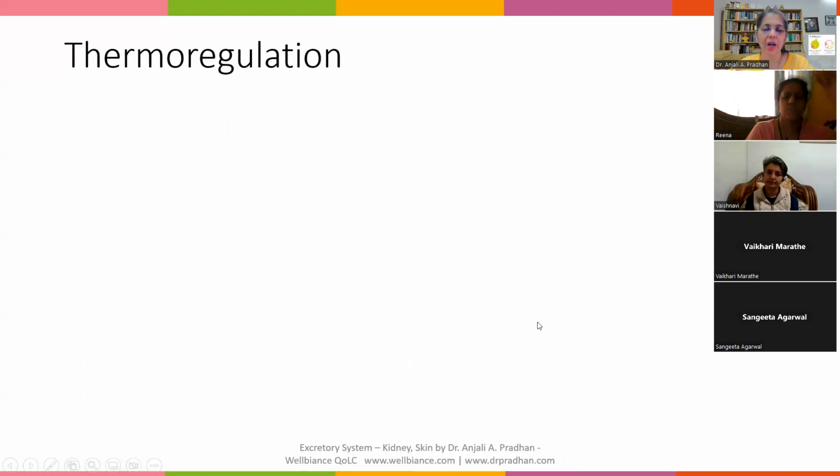Thermoregulation. How the temperature of the body is maintained. कैसे मेंटेन होता है? एक तो CNS में थर्मो रेगुलेटरी सेंटर होता है, करेक्ट. And also it is regulated through skin.